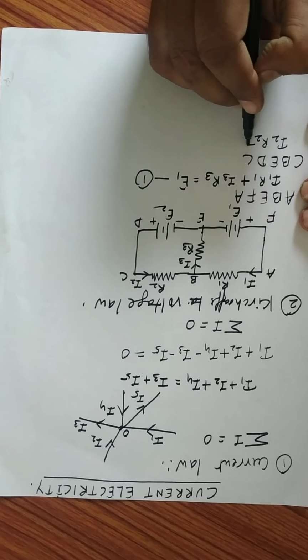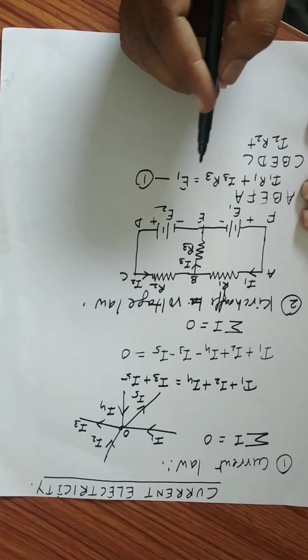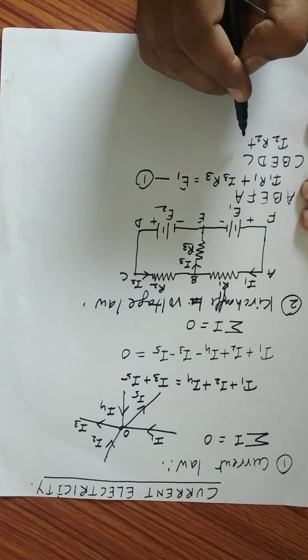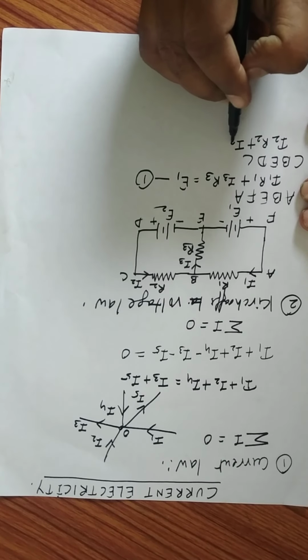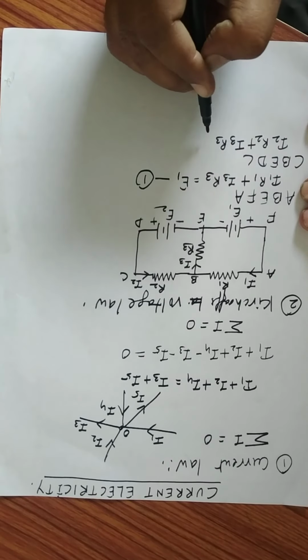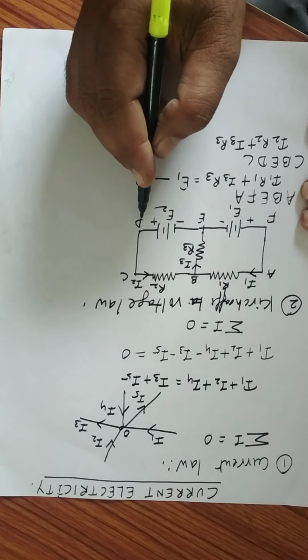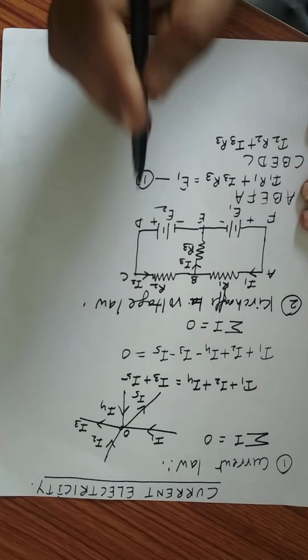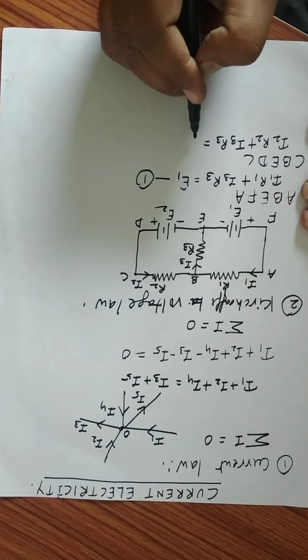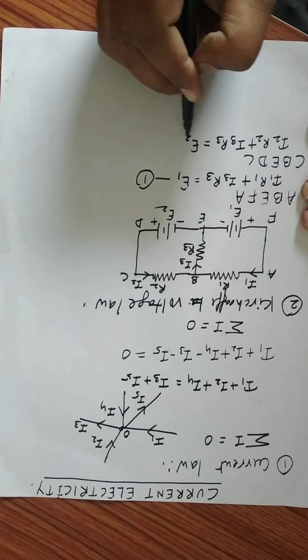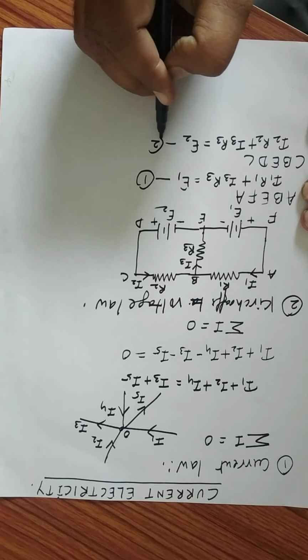Then plus, BE, same direction of current and loop direction, therefore take plus I3 R3. And in ED there is no resistance, in DC there is no resistance. Then take that equal to the EMF E2. This is equation number 2.